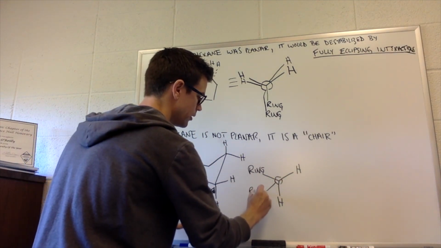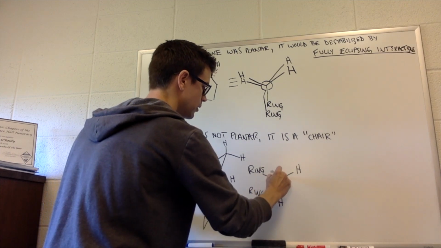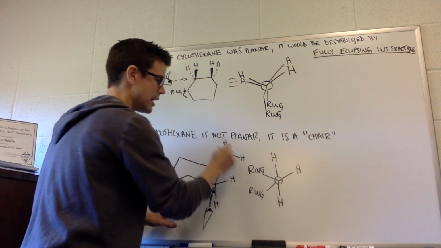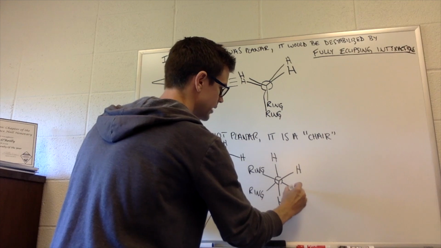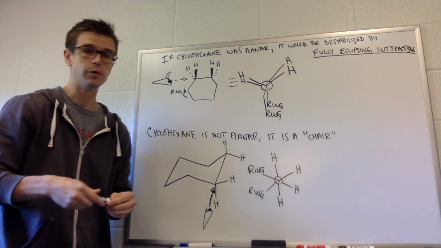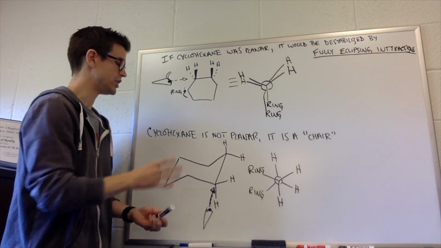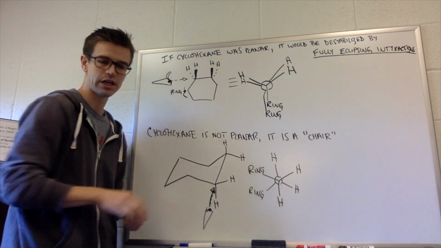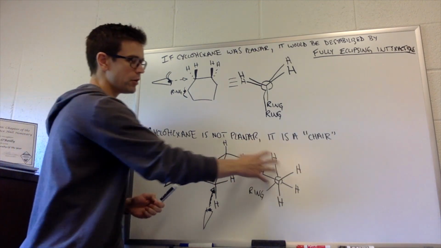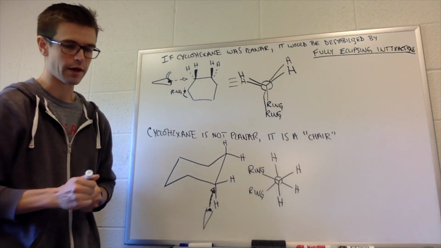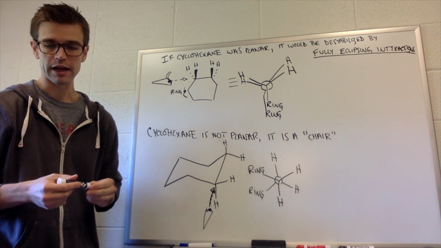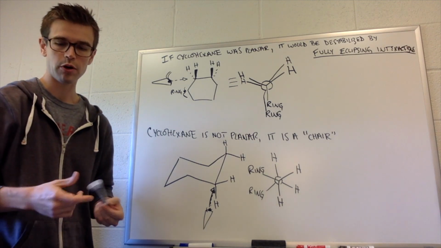So we have the ring over there. We have a hydrogen up. That's that hydrogen. And this hydrogen there. So we see that when the cyclohexane is in the chair structure, all of those different groups are staggered from one another. And that actually is what we would put in the next blank.